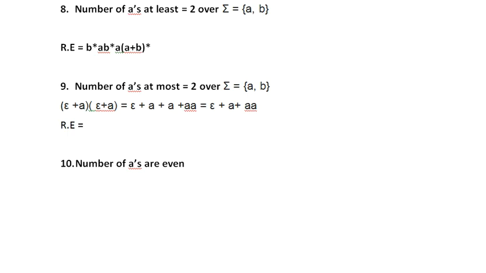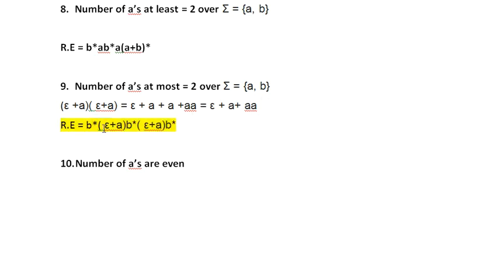B has no restriction, so initially I can start with b star, then I can do epsilon plus a, one time. And again in between I can give b, there may be possibilities, right? And again I can give epsilon plus a, and then finally I can give b to the power star. Clear? So this is the final regular expression for your answer.